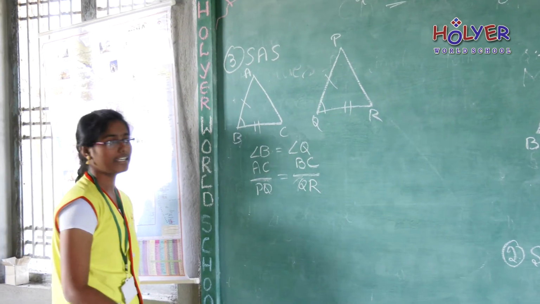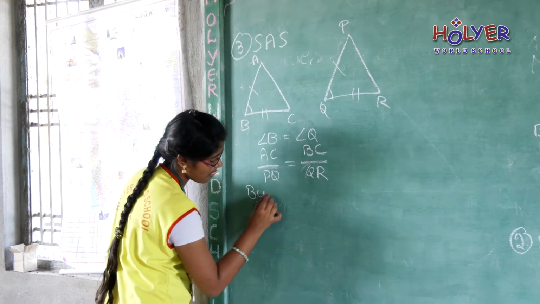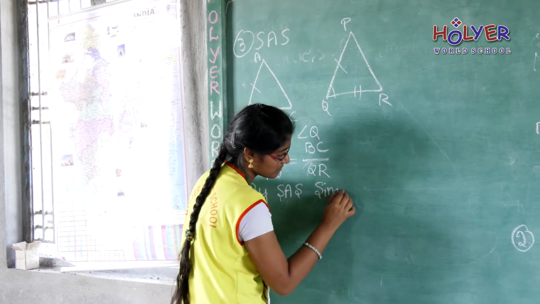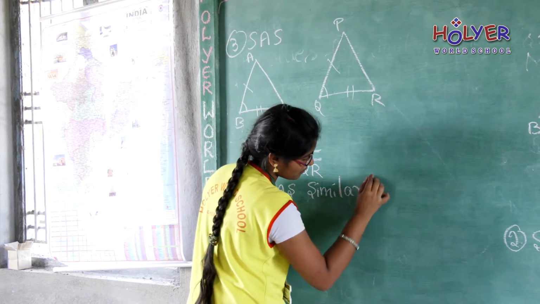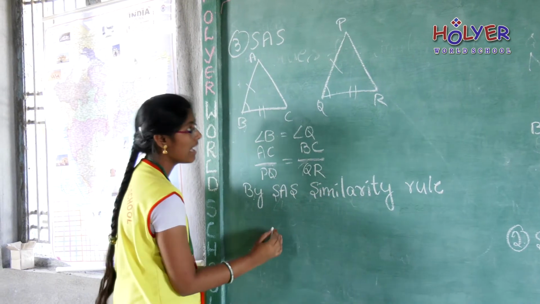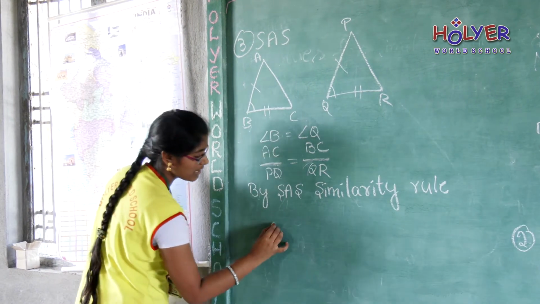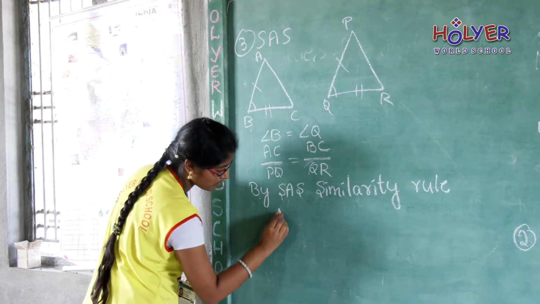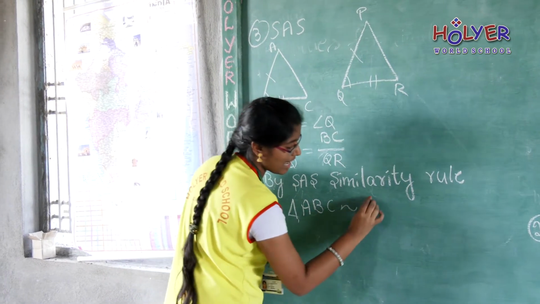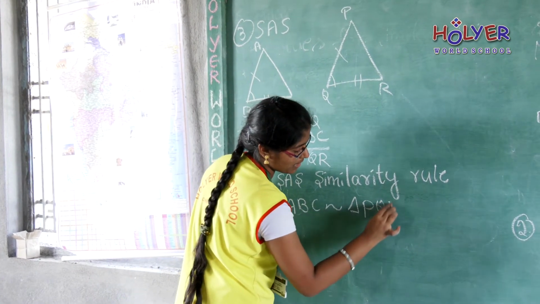By the SAS similarity rule, triangle ABC is similar to triangle PQR.